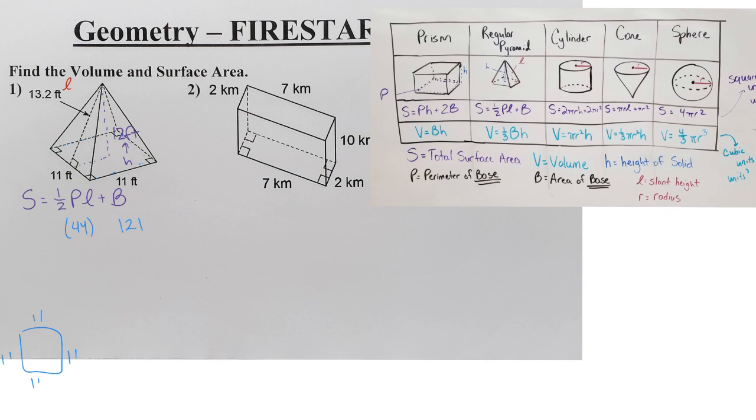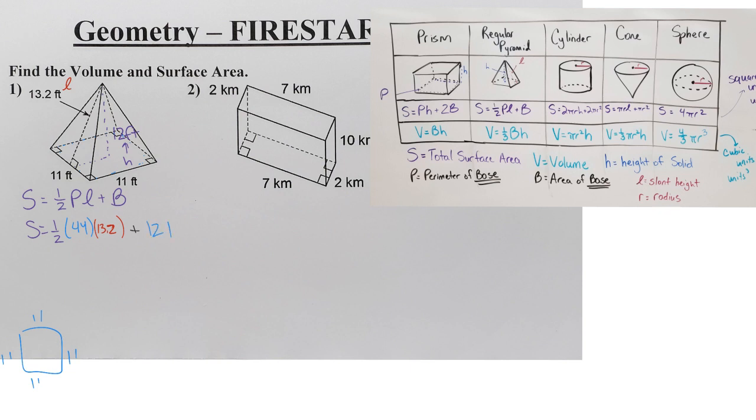So I don't know surface area yet. I know the 1/2 is there. I know the slant length is 13.2. Let me give myself some more room. So remember, the area of the base is 121.